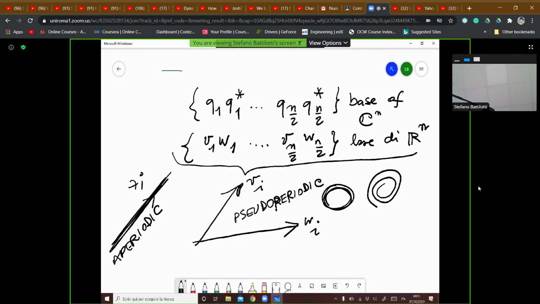Okay, or diverging helicoidal behaviors or converging helicoidal. Okay. So this is what you observe in this case. Okay, that's it.